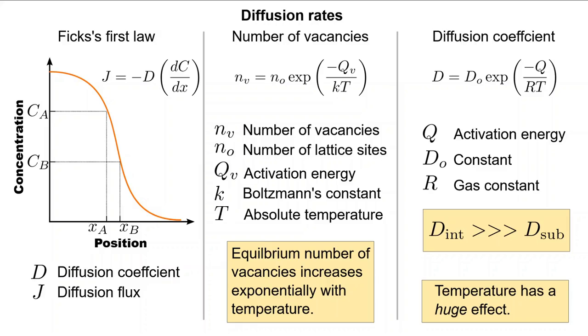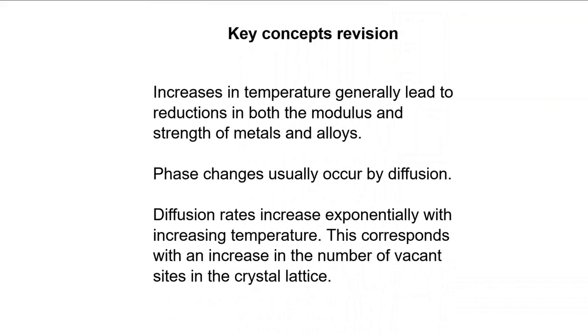So, in this part of the lecture, it's been demonstrated that the modulus of elasticity diminishes as the melting point of materials is approached from absolute zero, on the basis of interatomic separation. As the temperature increases in metallic crystal structures, the mean separation between atoms increases. This affects the rate at which phase changes can occur and how much of a departure from equilibrium conditions is apparent.